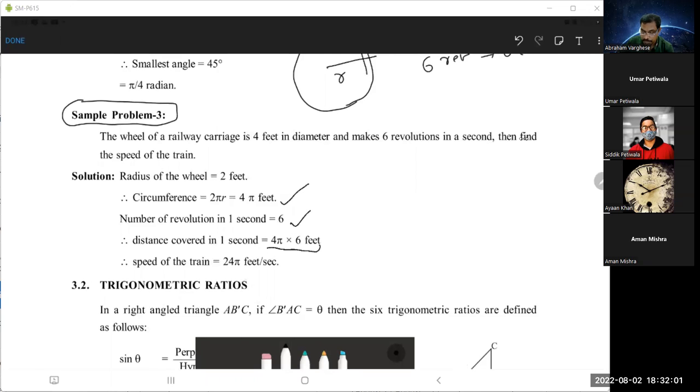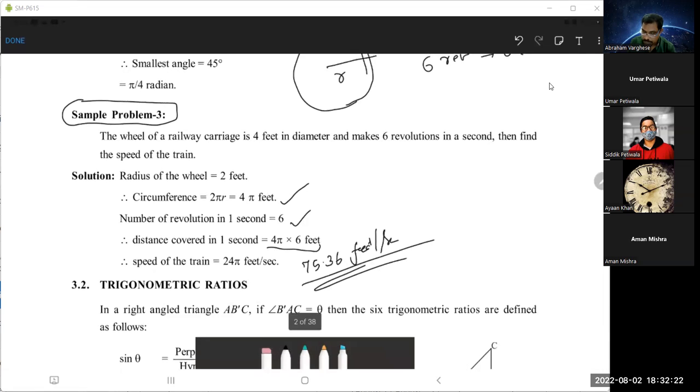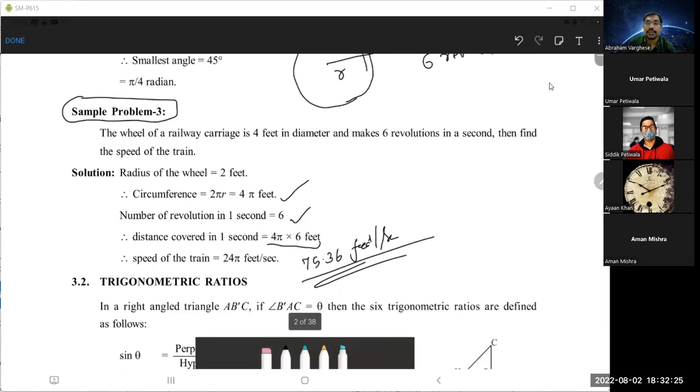So 24 pi feet per second, or 24 multiplied with 3.14. That is around 75.36 feet per second. I think it is clear now.